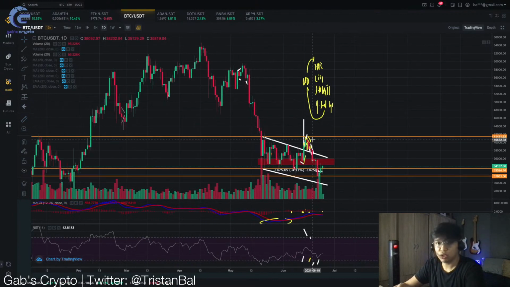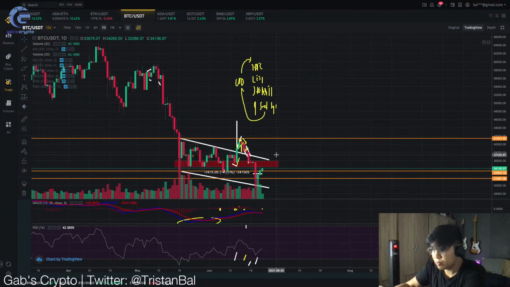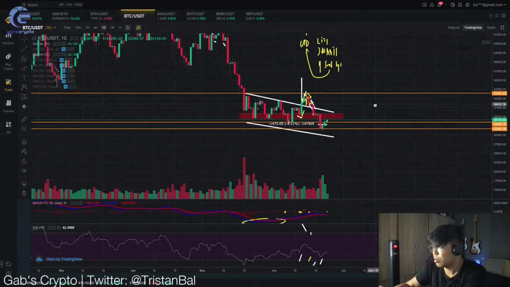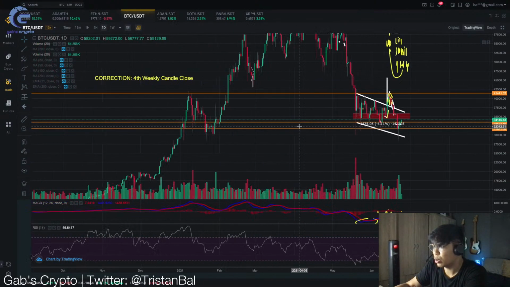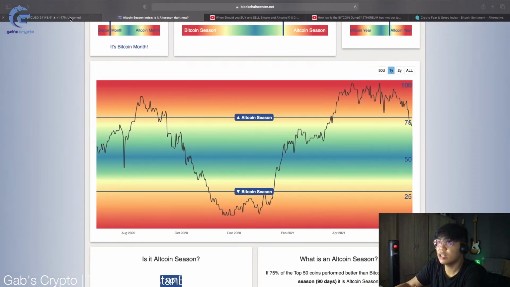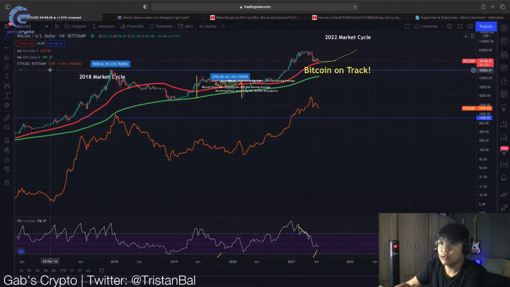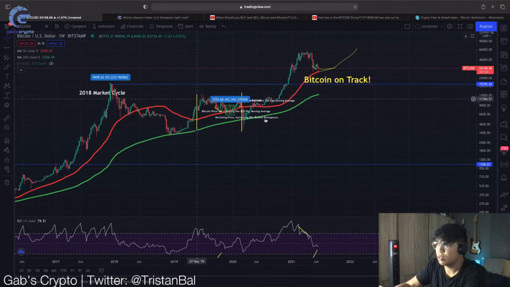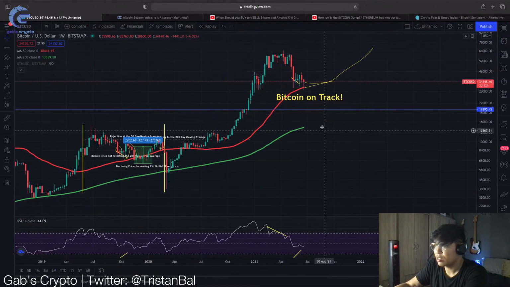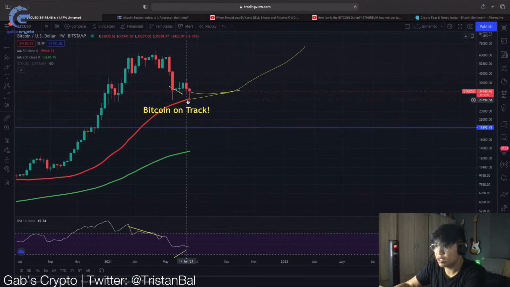So ayun, that's Bitcoin for the short term. Let's try to understand naman itong support naman. So I believe guys na sabi ko 'di ba sa inyo kanina, yung level na to, this 50-week moving average or the 30K area, yun yung pinapaniwalaan kong floor price na.